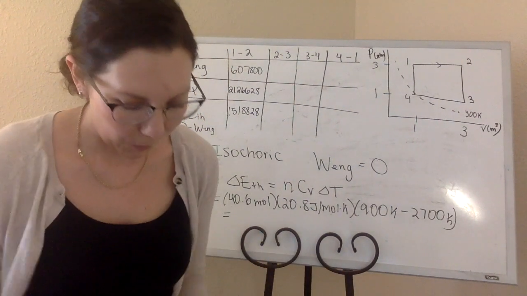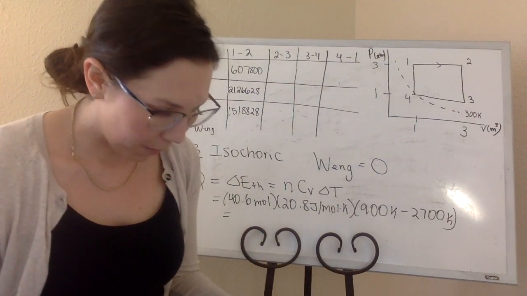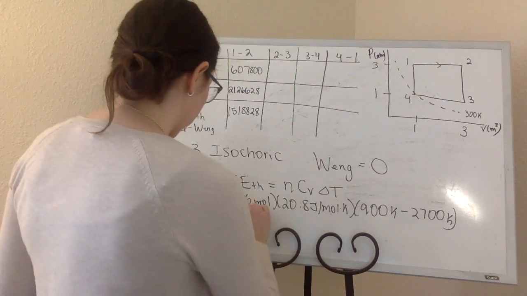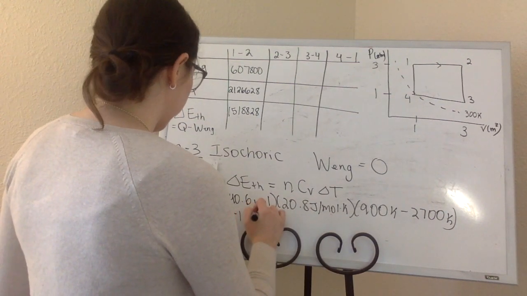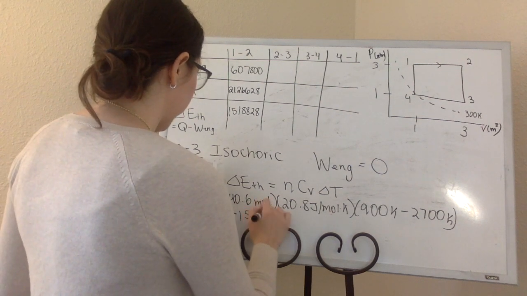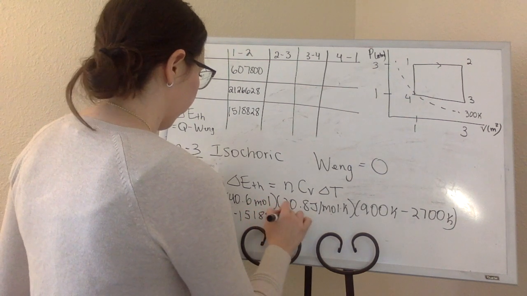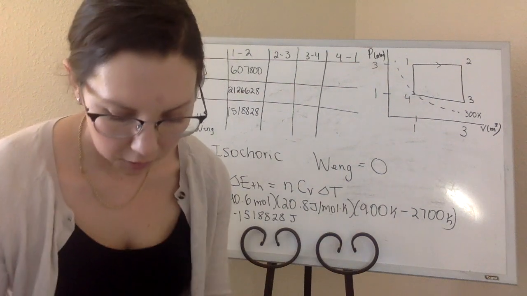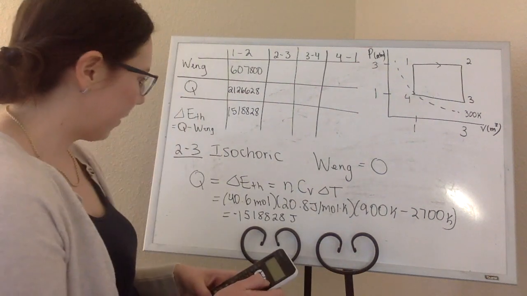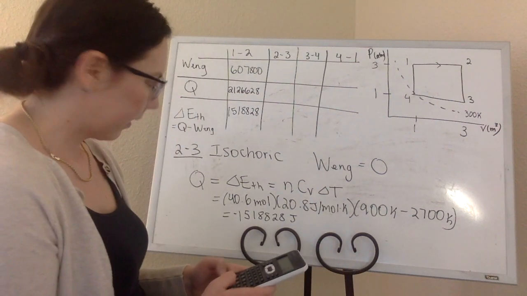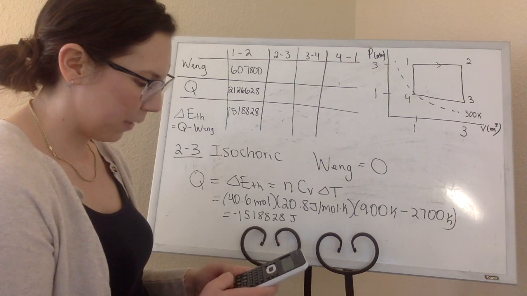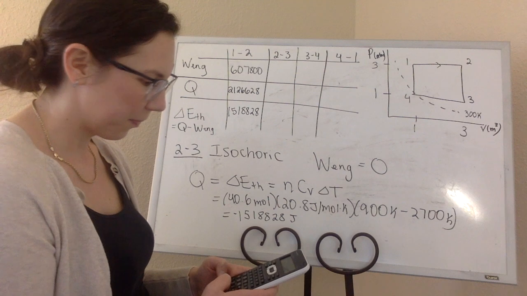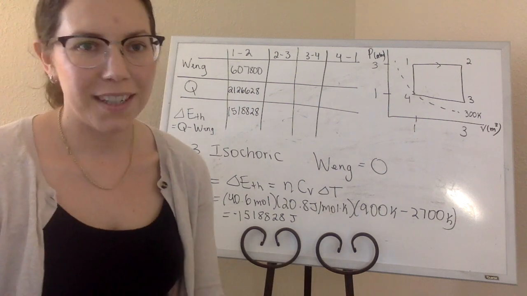at state 2. And that gives me a negative number. I think it's the same as the previous number. I'll just double check that. So that's going to be 40.6 times 20.8 times 900 minus 2700. Yeah, so with rounding, it's a little bit different.